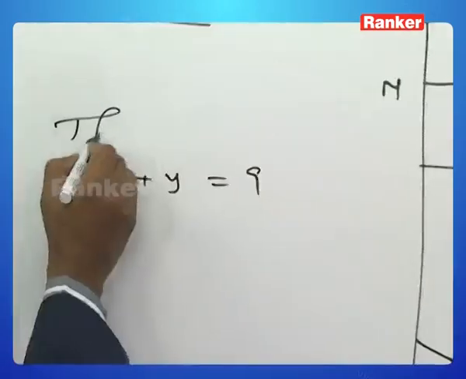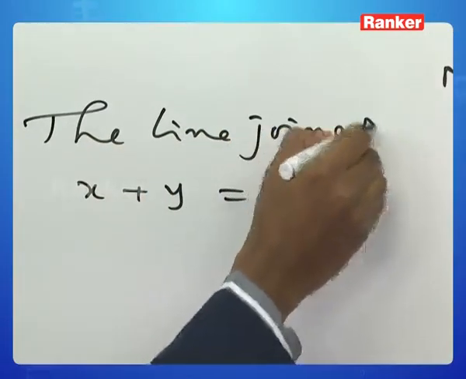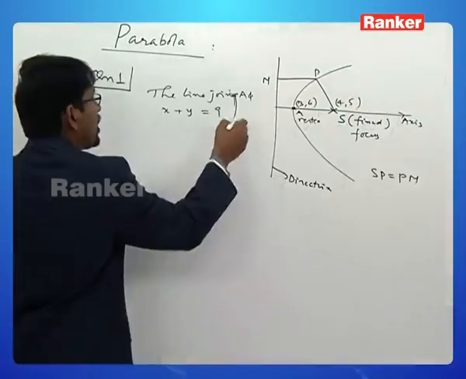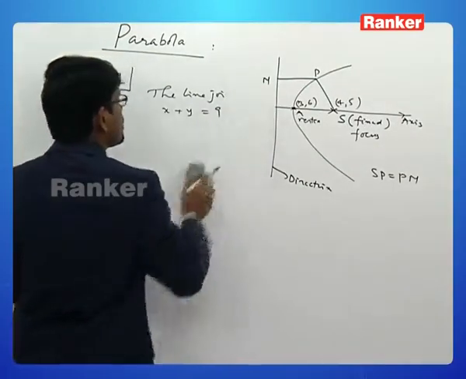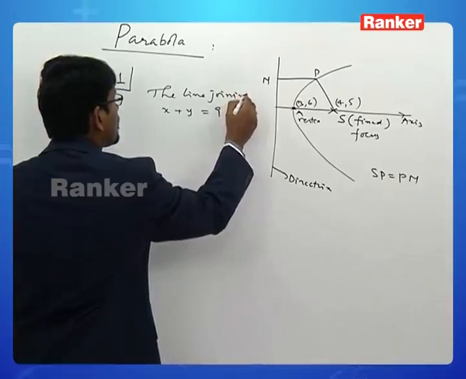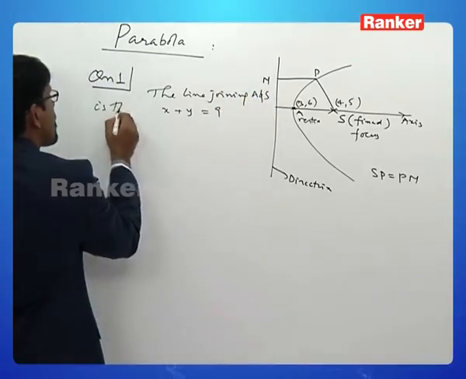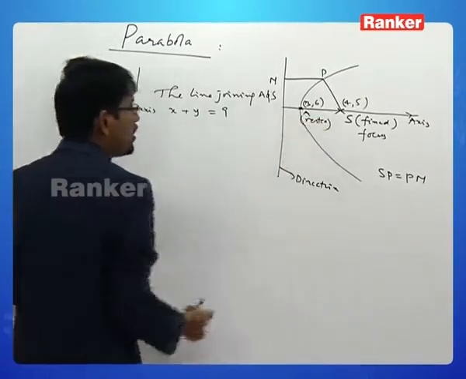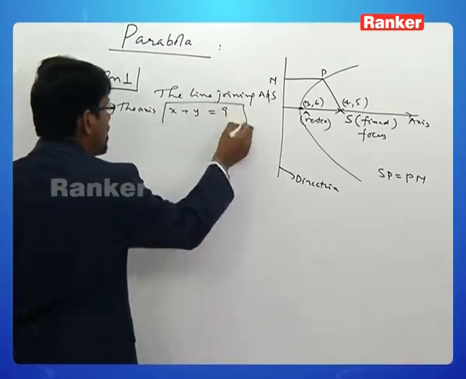The line joining A and S is the axis. A is the vertex, S the focus, that's the axis, and that is clearly x plus y is equal to 9.